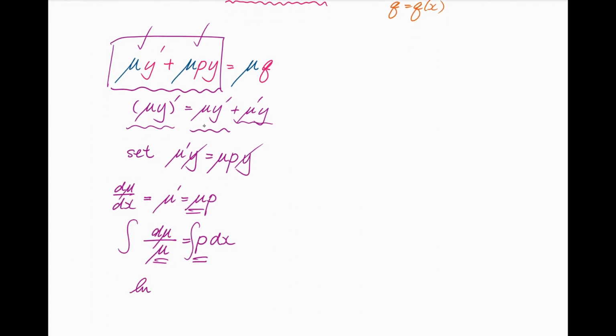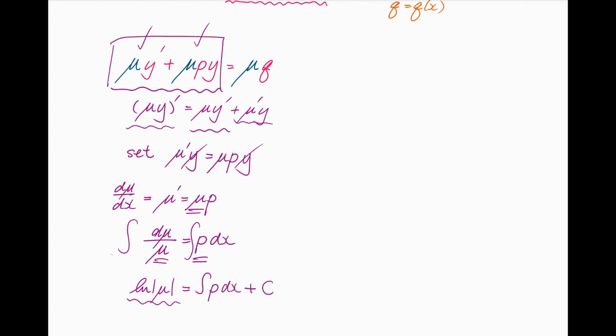Something like natural log of mu, and it would be equal to the right hand side. I have integration of p dx plus a constant, because I put the constant from the left hand side to the right hand side collectively.